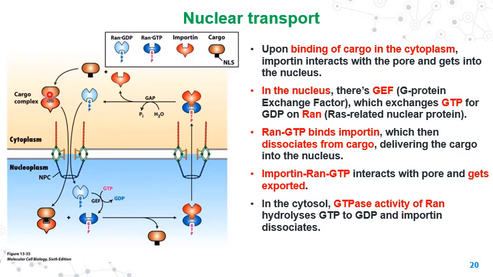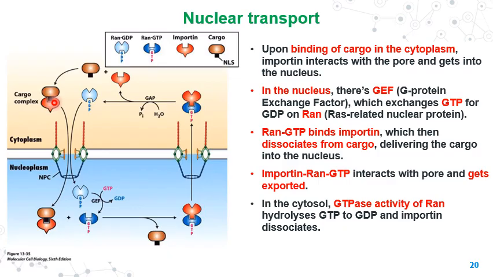So the zip code of the cargo interacts with this transportin, and once it binds, it changes the conformation of the transportin protein and exposes binding sites that are going to interact with the proteins at the nuclear pore. The proteins at the nuclear pore are called nucleoporins. So transportin interacts with nucleoporins and brings in the cargo.